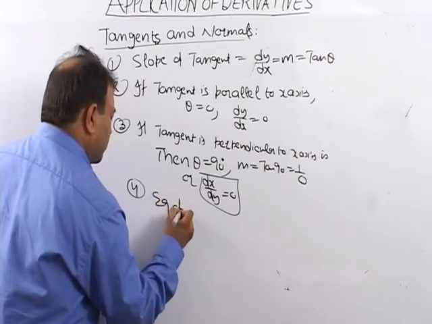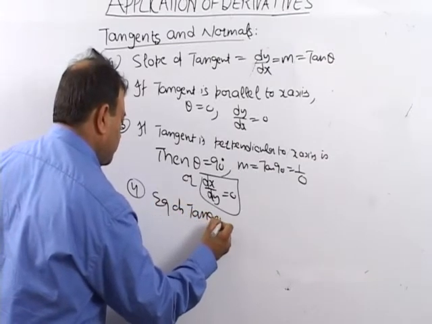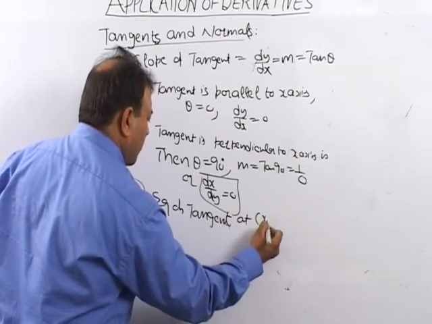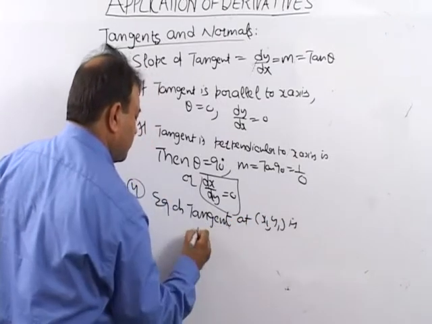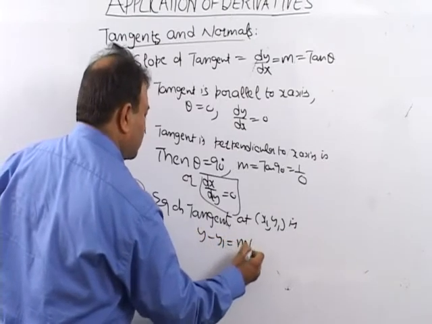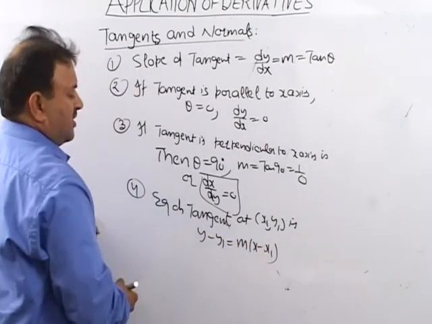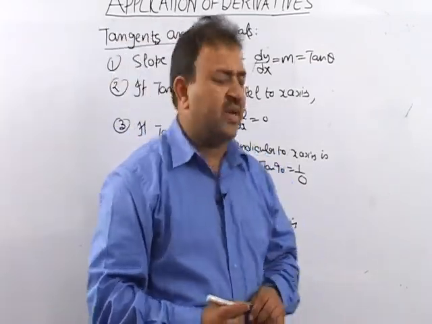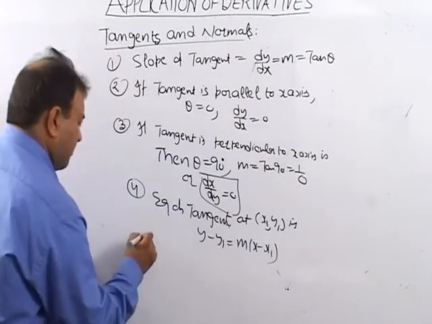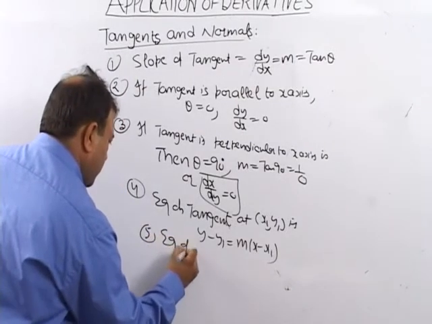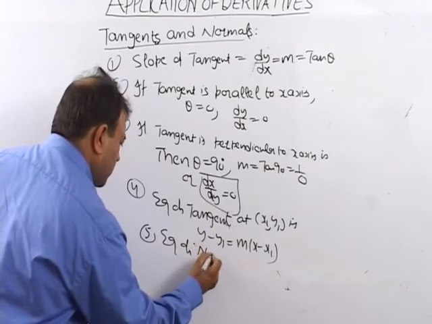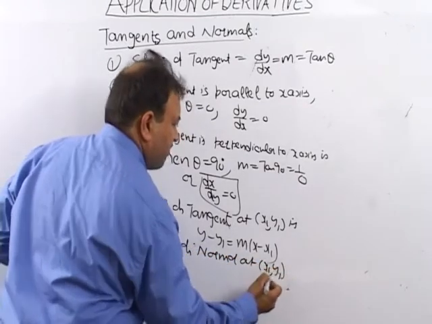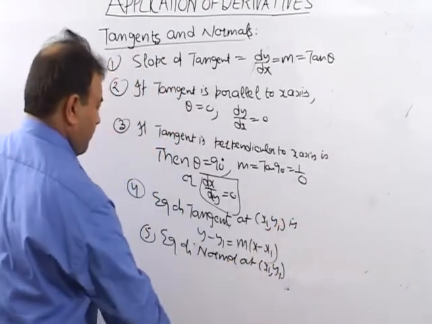Then next, equation of tangent. Equation of tangent at x1, y1 is y minus y1 is equal to m times x minus x1.